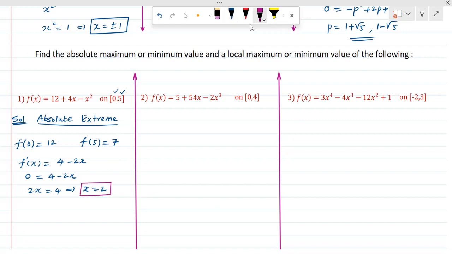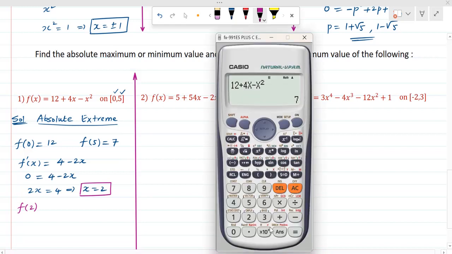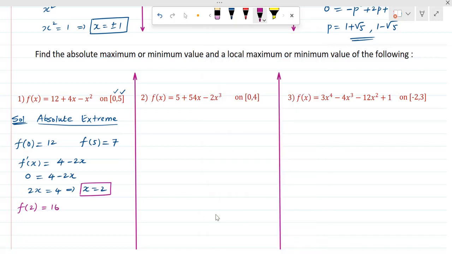So what happened? f of 2. So how will you calculate f of 2? Just substitute with calc, 2. So therefore the function value is 16. So I will do this part as, what is the absolute maximum?